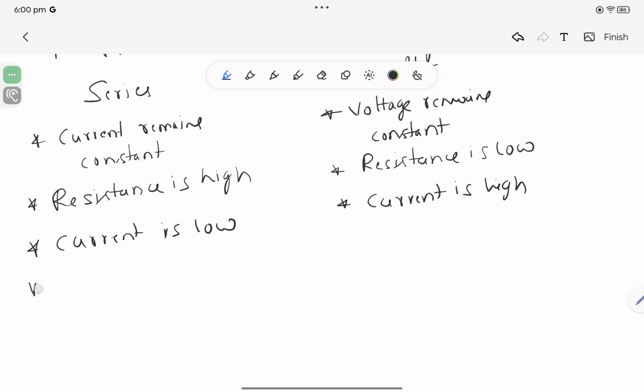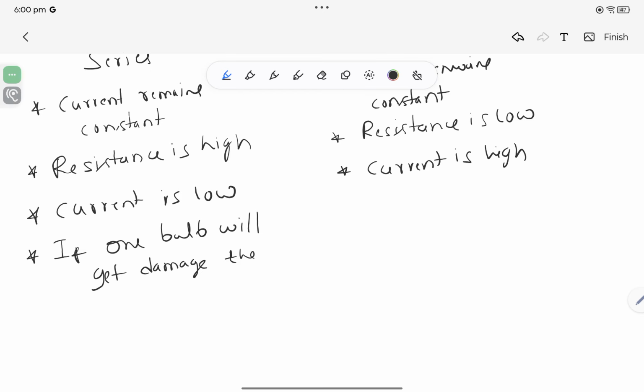It will disturb the other circuit. If one bulb gets damaged, the entire circuit will get damaged.